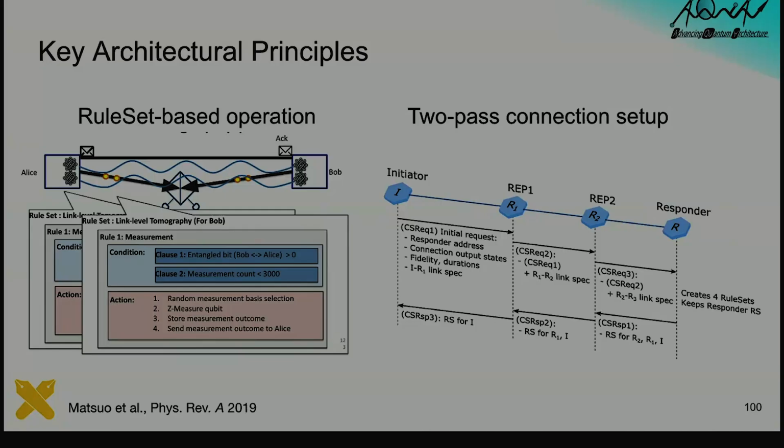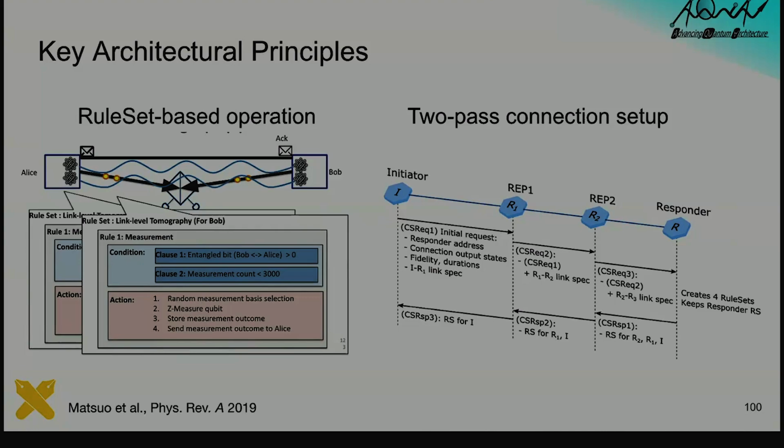A second key innovation, we think, is what we call the two-pass setup, where an initiator and a responder, note that we do not call these source and destination or source and target, because the primitive that the network is providing here is entanglement, and entanglement is symmetric.